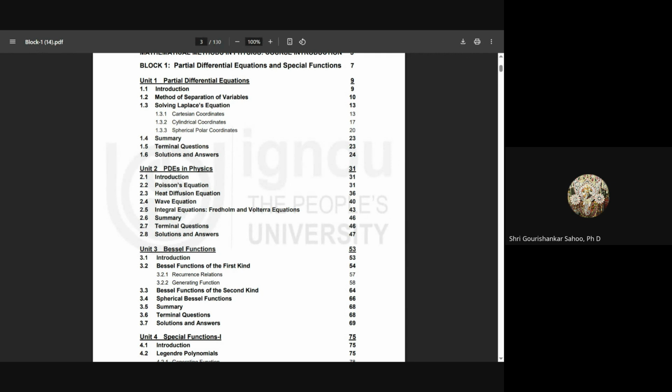And we have solved Laplace equation in Cartesian coordinates, cylindrical coordinates, spherical polar coordinates. And we have seen how to solve partial differential equations in many physical situations. Poisson's equation, heat diffusion equation, wave equation, integral equations, that is Fredholm and Volterra equation. Then we have discussed special functions and different special techniques to solve those equations.